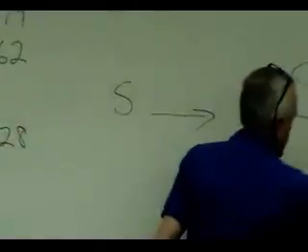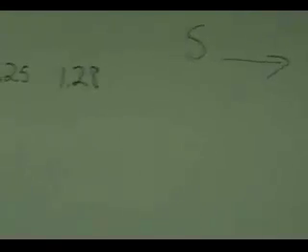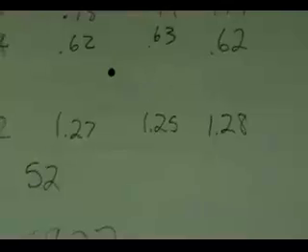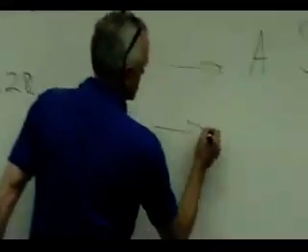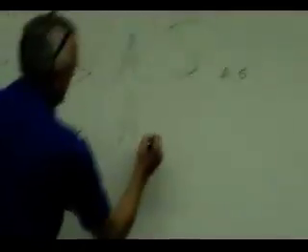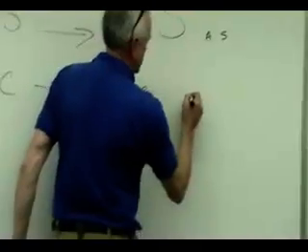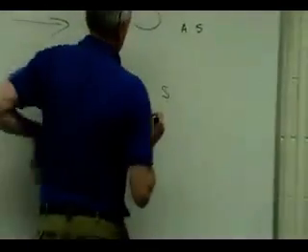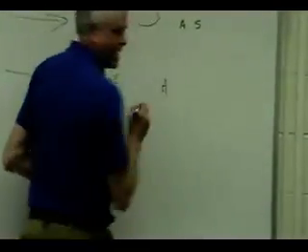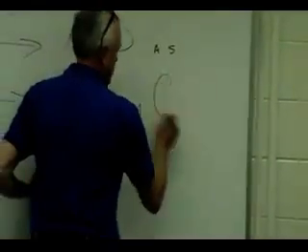Smaller angle, smaller sine. Okay, let's go through the cosine. What happens to the cosine as you go from the smallest angle on up? What happens to the cosine? So a big angle has a small cosine, and a small angle has a big cosine, right?